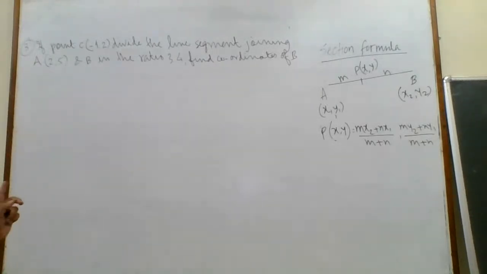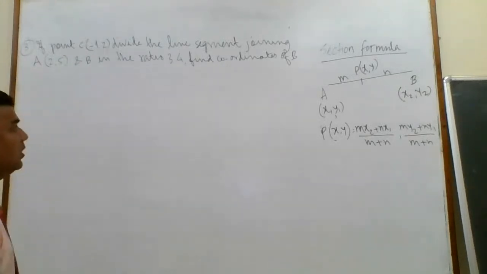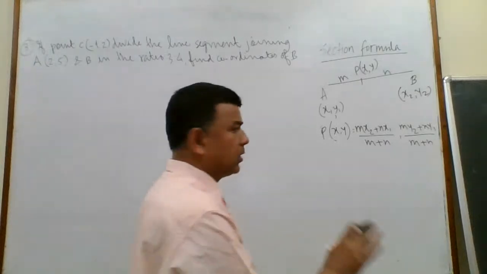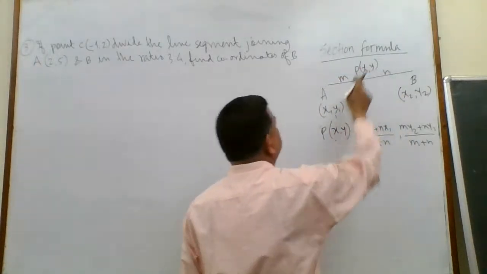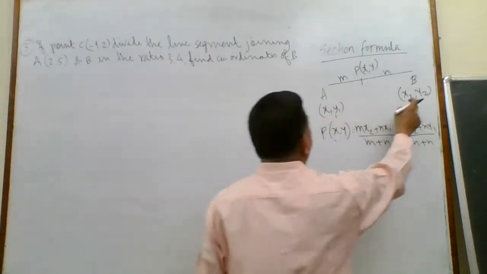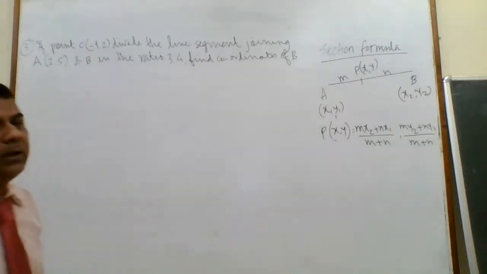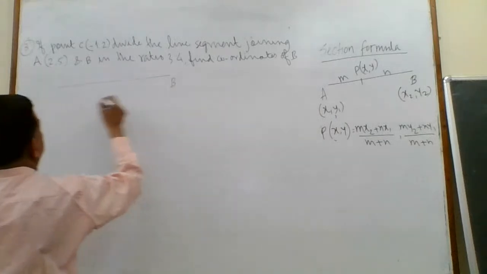Last day we did one such question and today we did 2. The third type of question now uses the same formula. The ratio will be given, the coordinates of this point P will be given, and out of A and B, one will be known, one will be unknown. So we are going into the third and last type of question here.